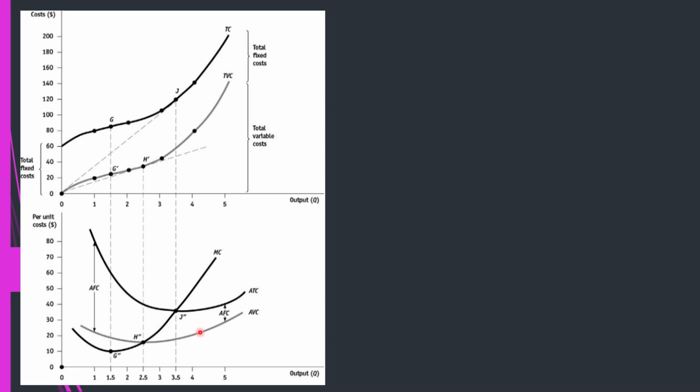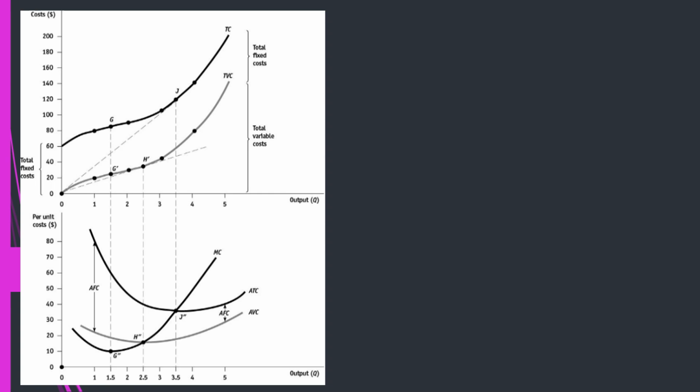The MC curve reaches a minimum before AVC and ATC. The AVC and ATC curves intercept it at their lowest points. So this is what this graph is showing.